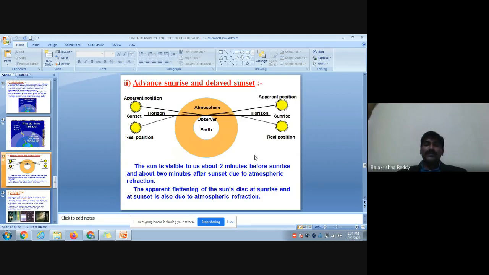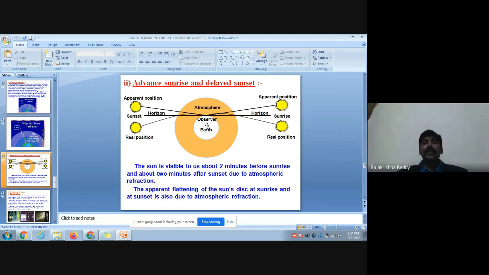Now one more refraction: sunlight. Usually, as per the refraction of light, when a light ray enters a surface at a 90 degree angle, it will not deviate. We have studied this in the first phase of refraction.